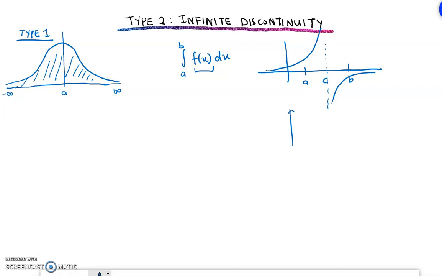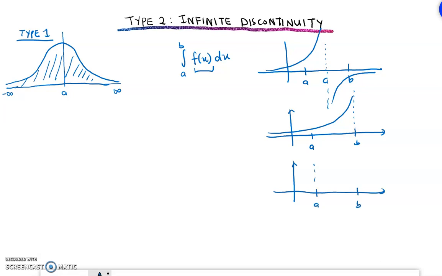Or it can be at the end of the interval, so let's say we have an infinite discontinuity at the limit b, or it can be an infinite discontinuity at point a. So that is type 2, where it has an infinite discontinuity at a certain point in the interval.